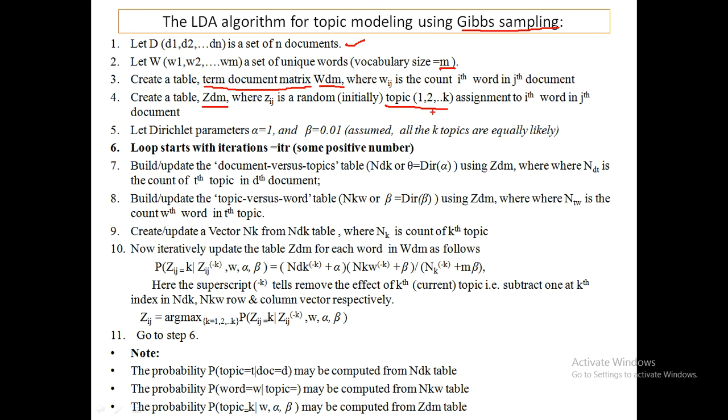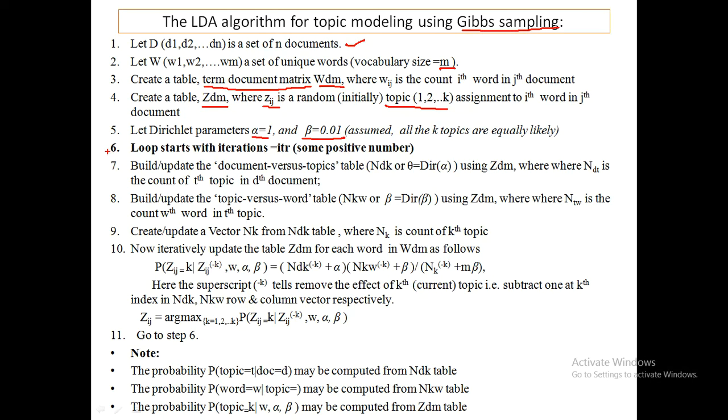So each value Zij is the topic number of ith word in jth document. Let the Dirichlet parameter alpha be equal to 1 for each topic and beta be equal to 0.01 for each word in the topic.